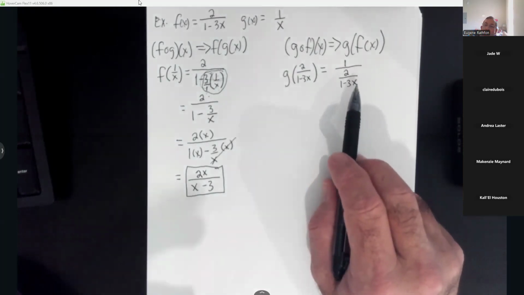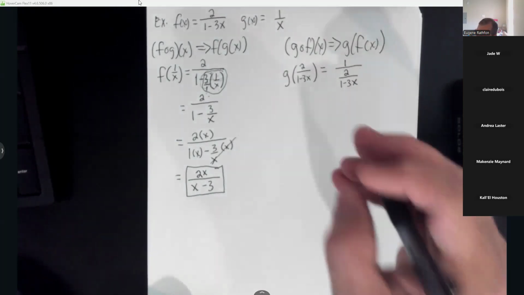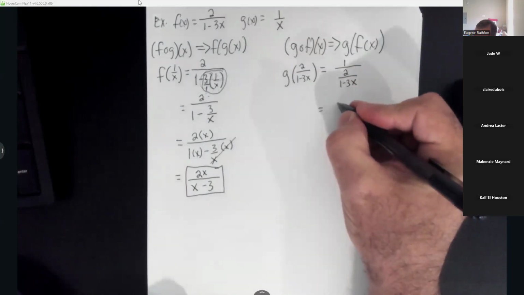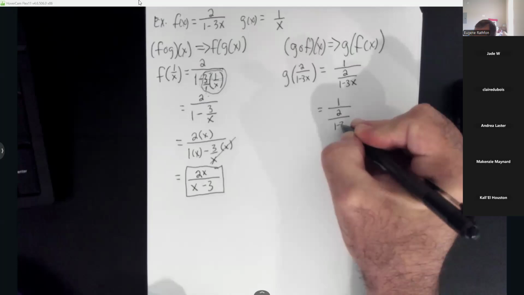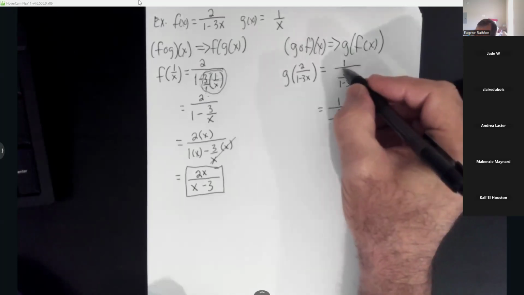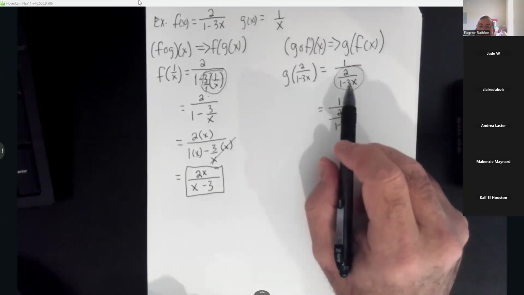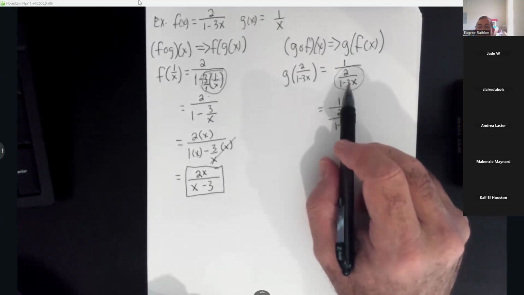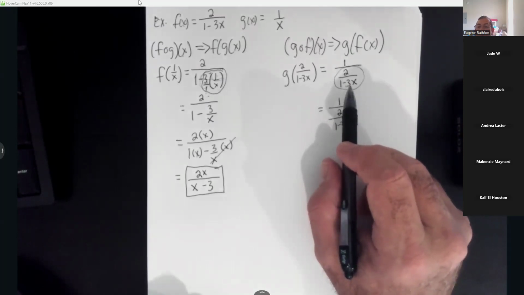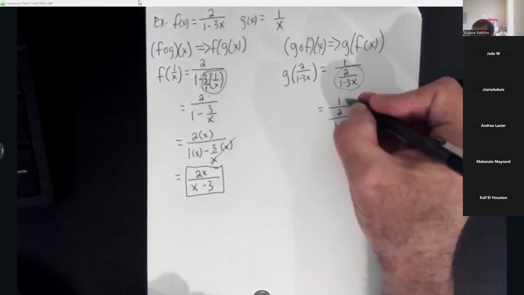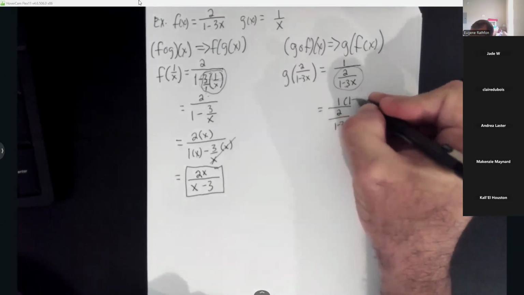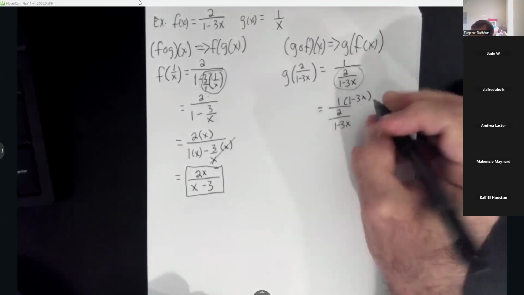All right, so y'all technically on this one, let me write this problem down again. Since this fraction on bottom is the one I'm trying to get the denominator to be canceled, I'm going to multiply the top and bottom by 1 minus 3x. So on top, I'll have my 1 times 1 minus 3x.